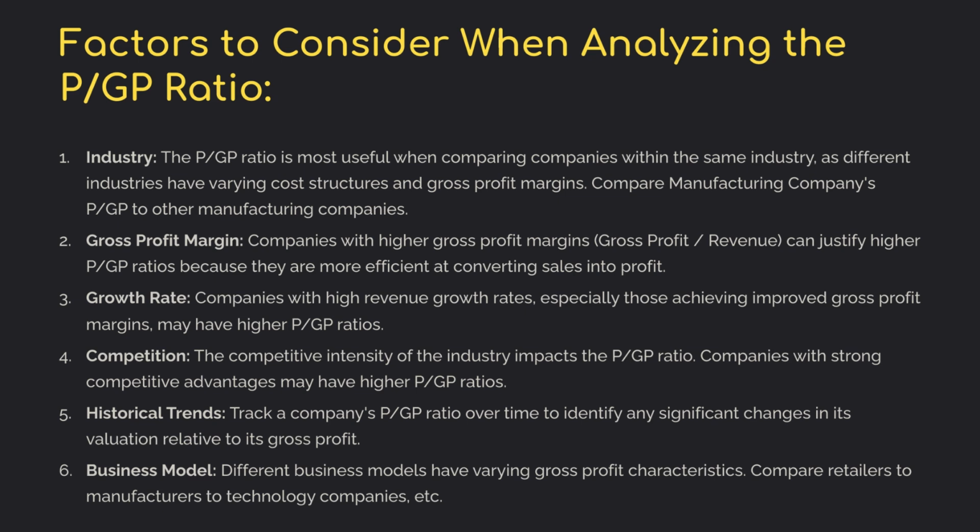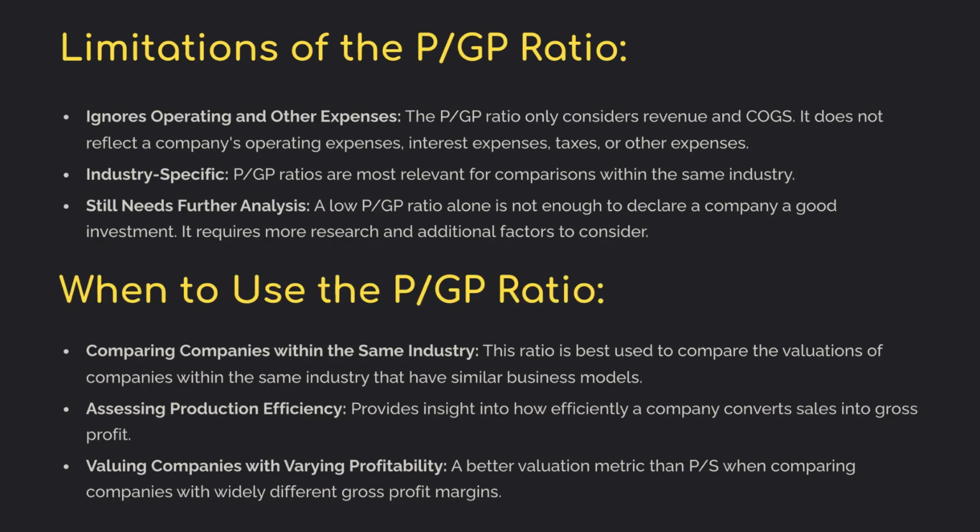Historical trends: track a company's PGP ratio over time to identify any significant changes in its valuation relative to its gross profit. Business model: different business models have varying gross profit characteristics. Compare retailers to manufacturers to technology companies, etc.